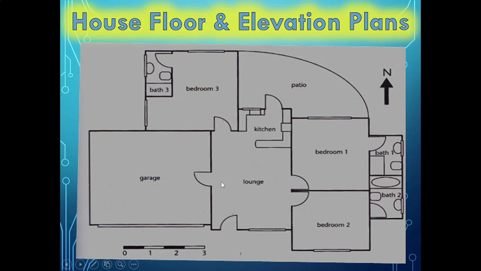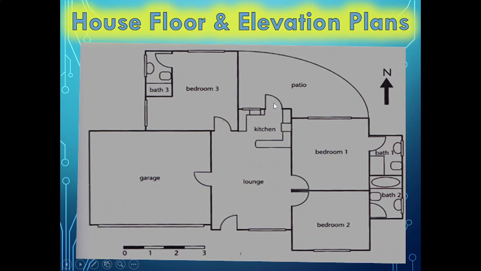So they might ask you to count how many doors are in the house, inner doors. And this thickish line represents a window. So there is a window from bedroom 1 looking north onto the patio. That is how you explain.